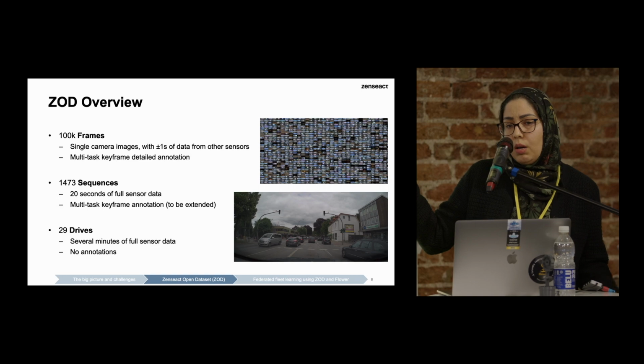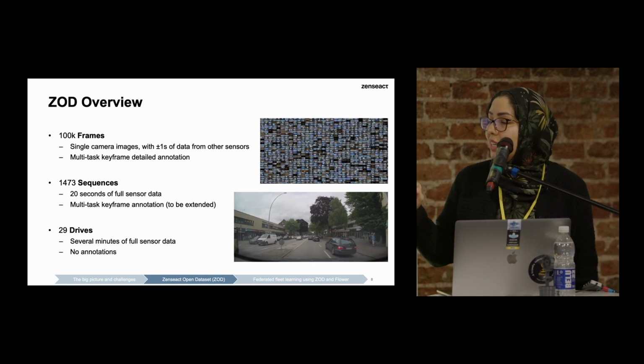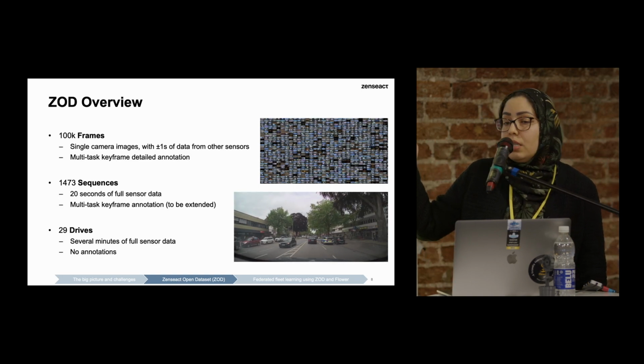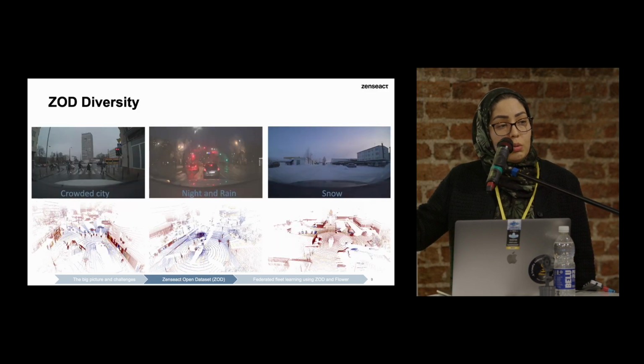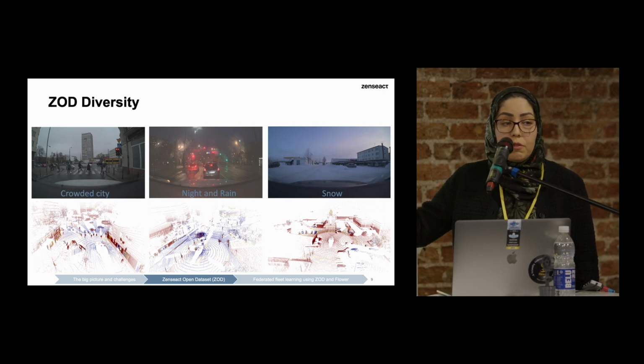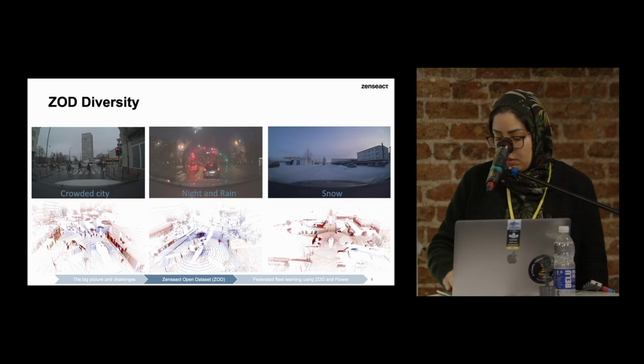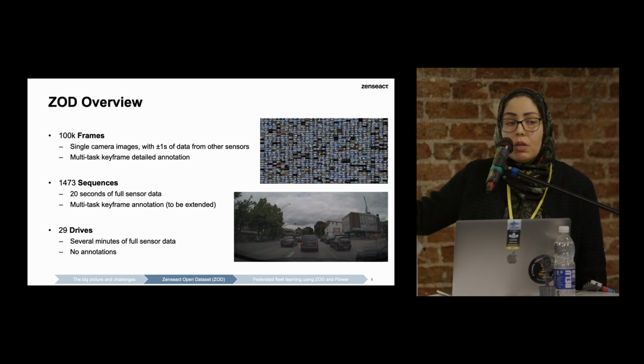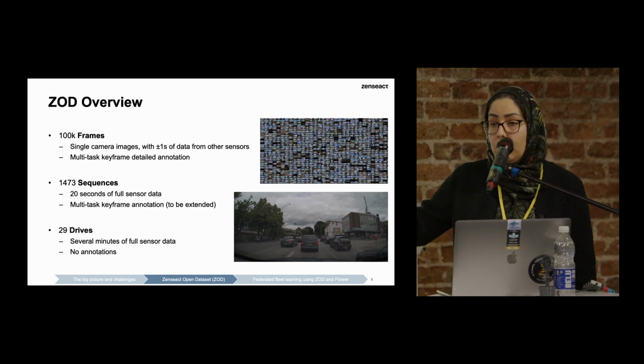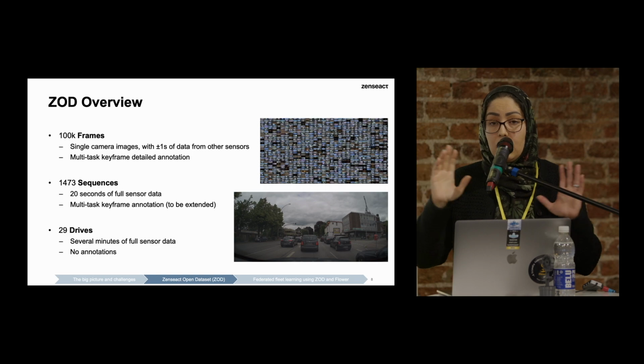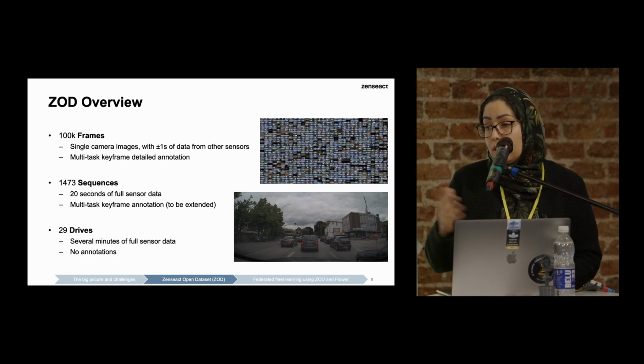A little bit more detail about the dataset: it's categorized into 3 subsets, frames, sequences, and drives, each targeting a different application. Frames are single camera images with 2 seconds of other supporting sensors.